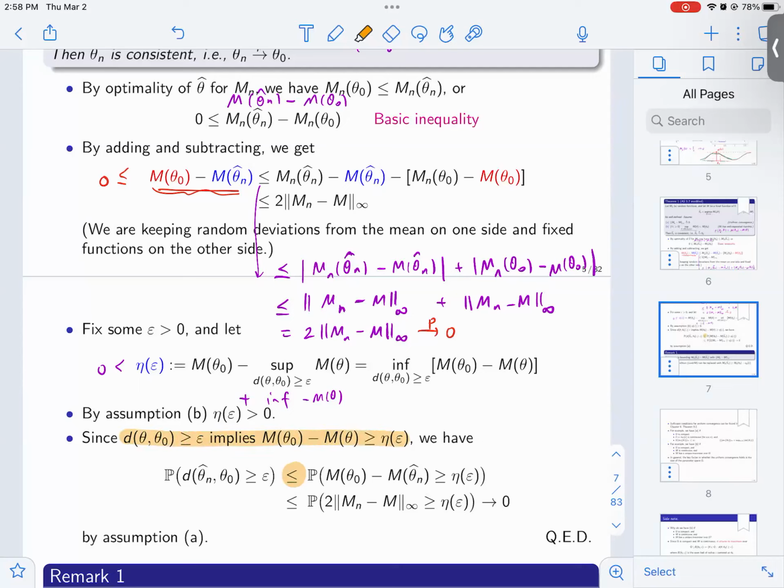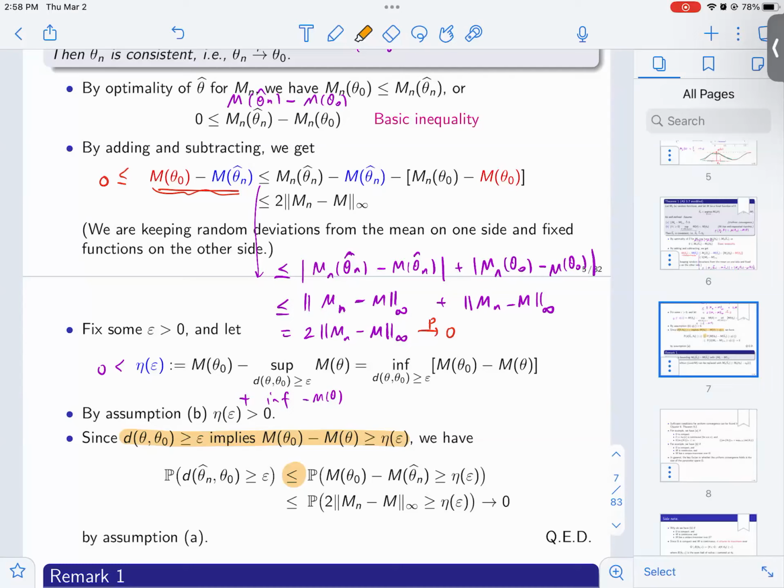Why is this statement true? It's just the definition of this quantity. This is saying that if theta is farther than epsilon, then this is bigger than or equal to that. This is true because this is the infimum over all possible theta that satisfy this condition, so it's the smallest that this deviation can be for any theta outside that ball. So it follows from the definition.